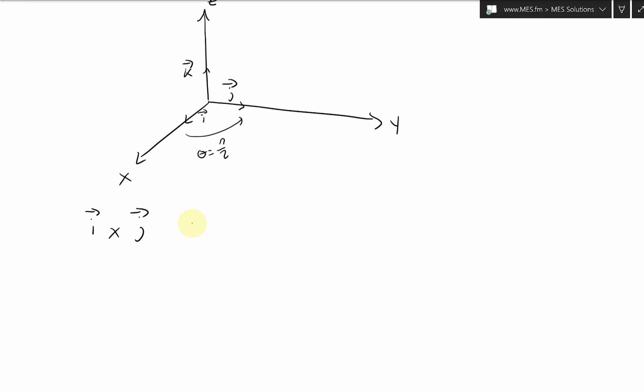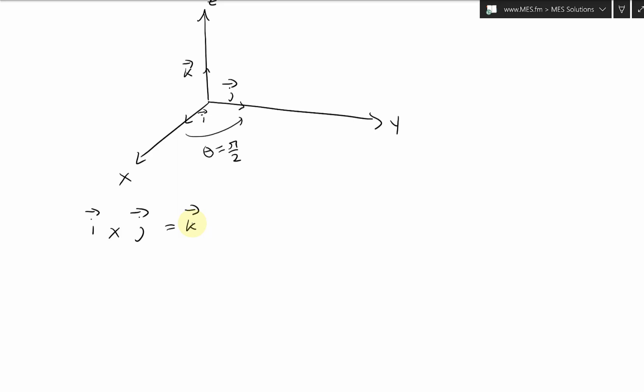So theta is equal to pi over 2, and so on. All these angles are 90 degrees, or pi over 2 radians. It's pretty straightforward. So i cross j, using the right hand rule, is equal to k.